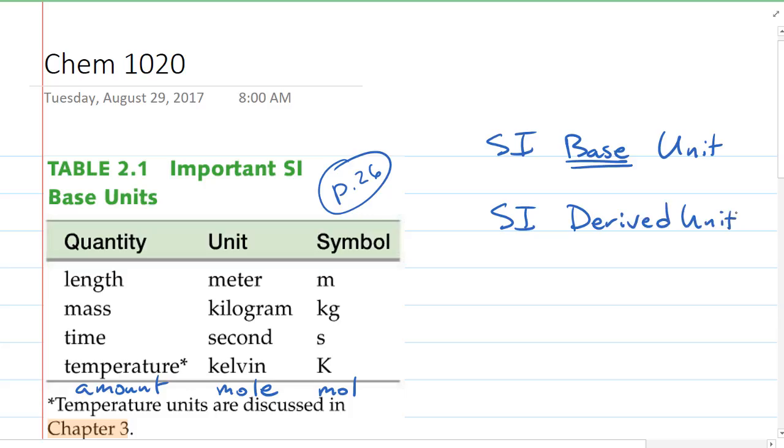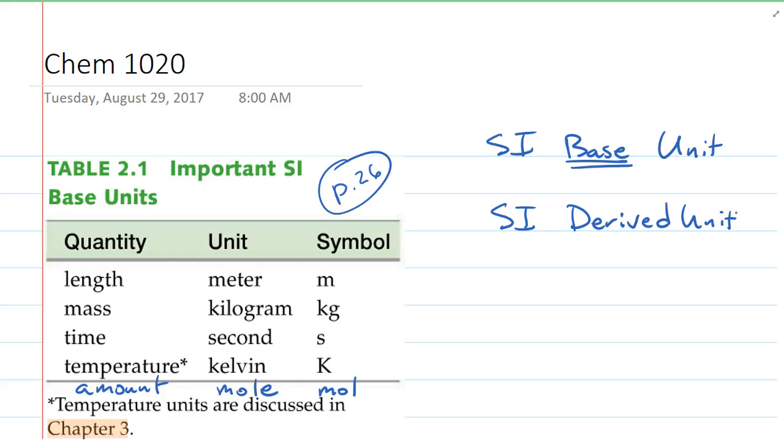If you want to take the volume of something, a volume has how many dimensions? 3 dimensions. If we want to find the volume of a box like this, how would we find it? Length times width times height, which are all which type of base unit? A length, a width, and a height are all length measurements.